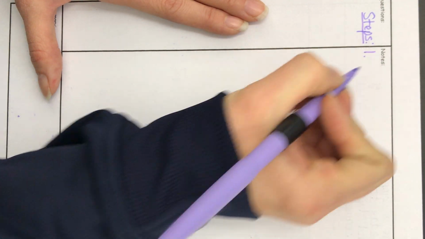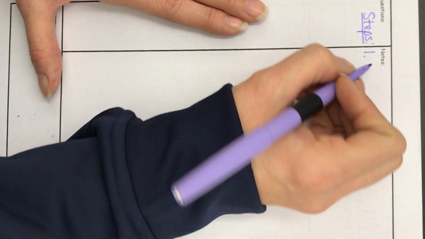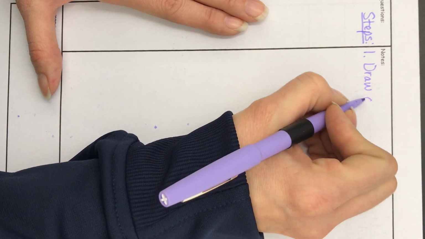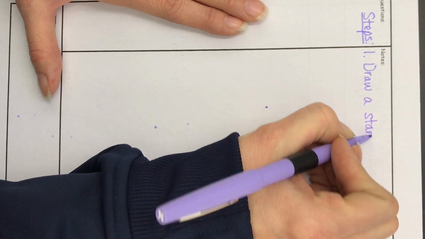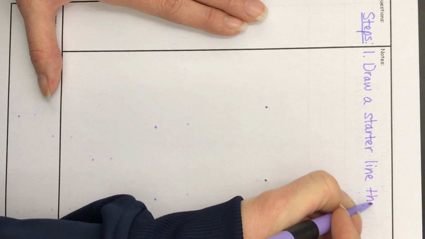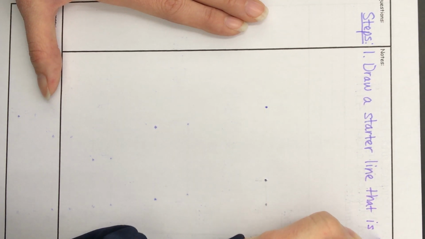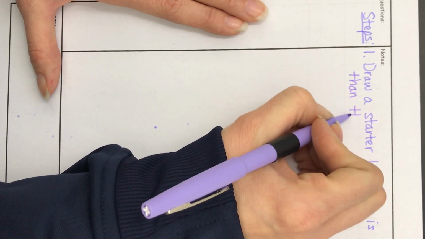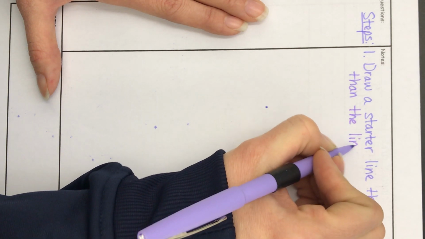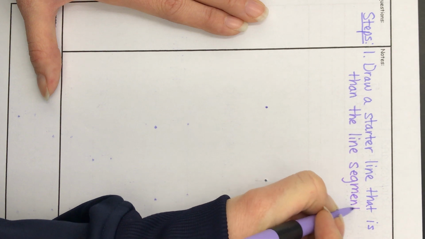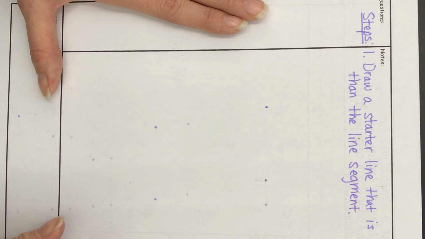Okay, the first thing that we did is we drew, or you're going to draw, a starter line that is longer than the line segment that you started with. Okay.